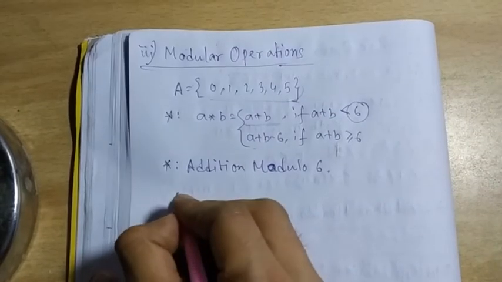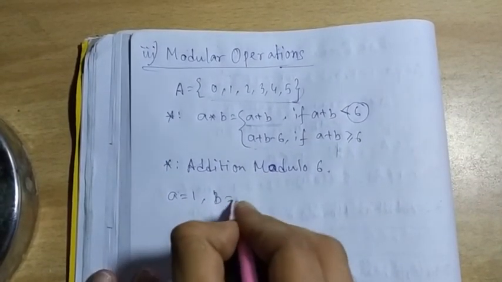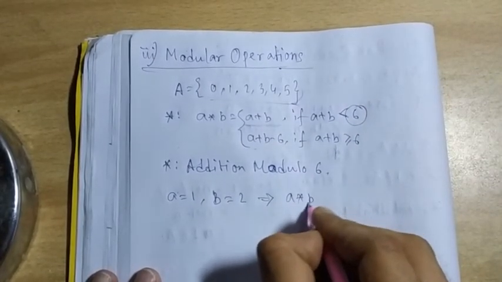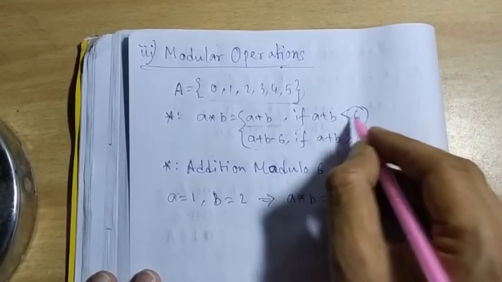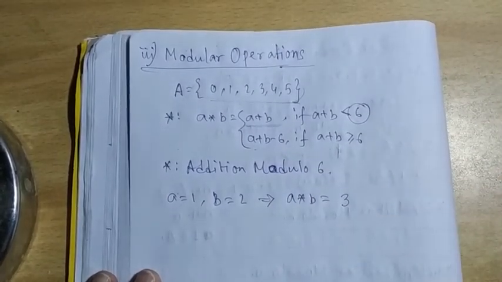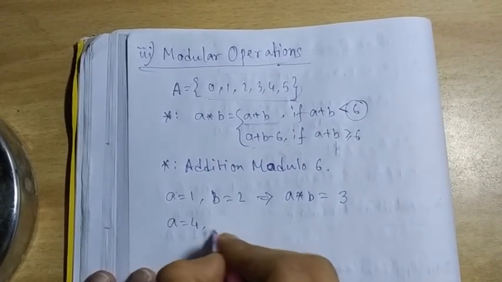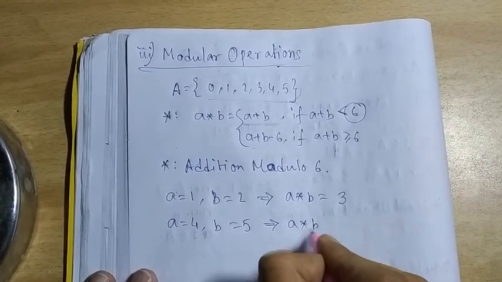Suppose we are taking, say, a equals 1 and b equals 2. Then what will be a star b? Since a plus b is 3 and 3 is less than 6, clearly by the first definition it will be 3. But if we take a as 4 and b as 5, then what is a star b?